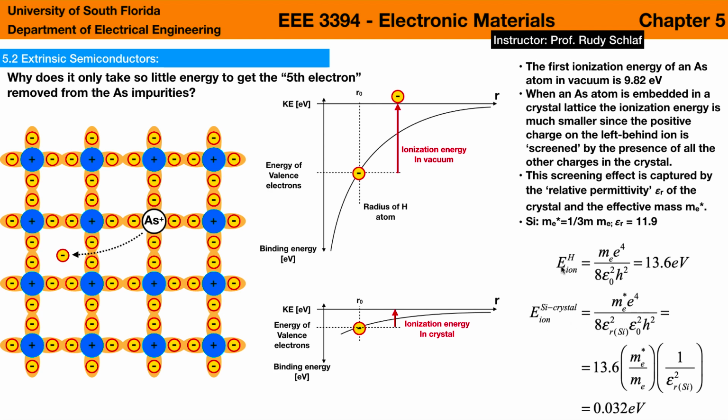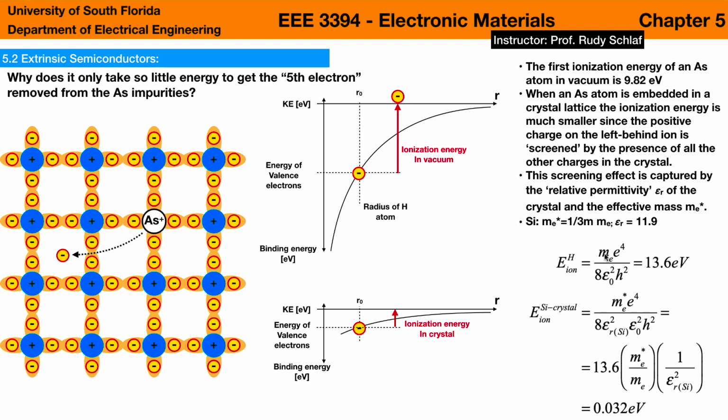If we look here at the formula to calculate the ionization energy of the hydrogen atom, where we have the electron mass and the permittivity of vacuum, these are the two items that change when we put the arsenic atom inside the crystal.